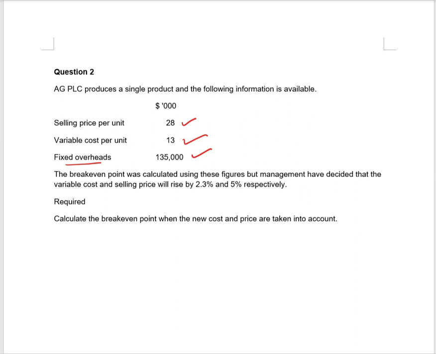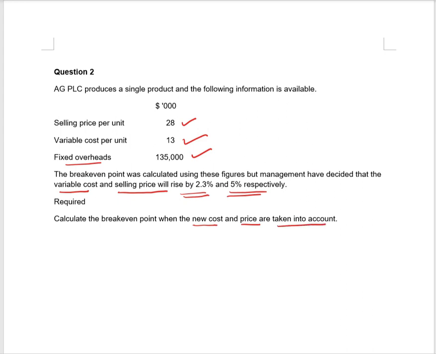The break-even point was calculated using these figures, but management have decided that the variable cost and selling prices will rise by 2.3% and 5% respectively. Calculate the break-even point when the new cost and price are taken into account.